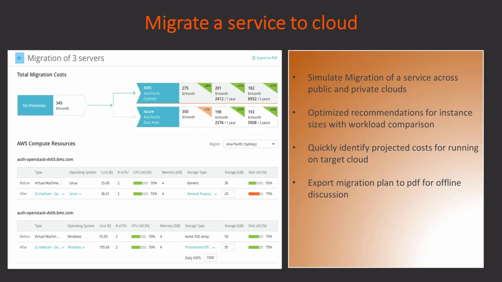So you quickly can identify projected costs for running in that target cloud environment and have the ability to grab all that information and export it to PDFs. It's also important to understand that this functionality of exporting isn't just on this screen. You can export data on any of the other screens as well.